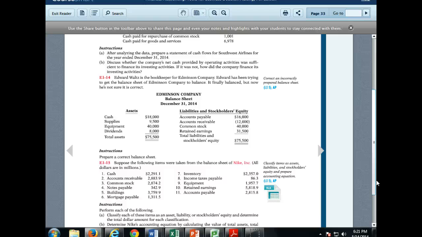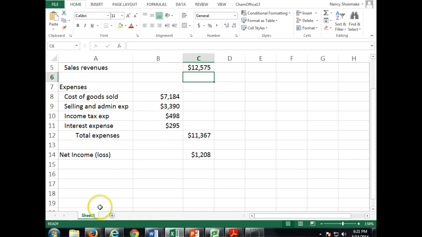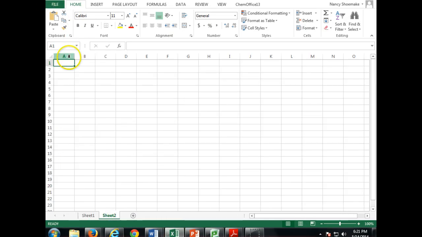Where do dividends normally go? They go in stockholders' equity, don't they? So dividends aren't something we own. They're something that the company pays out to the stockholders, right? So if we took this dividend out of here, we would show our cash, supplies, and equipment. So let me just go to another sheet.